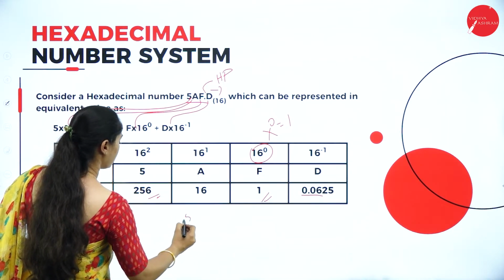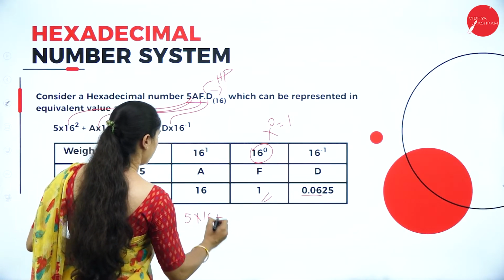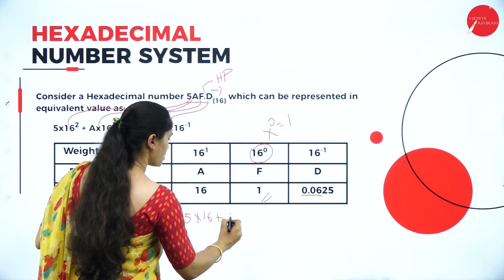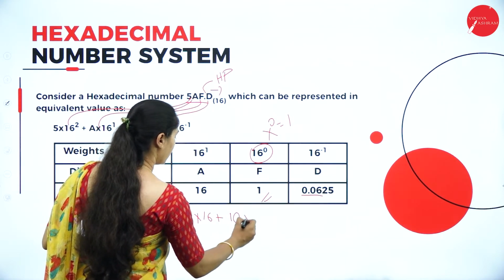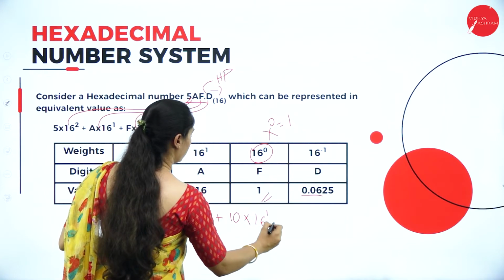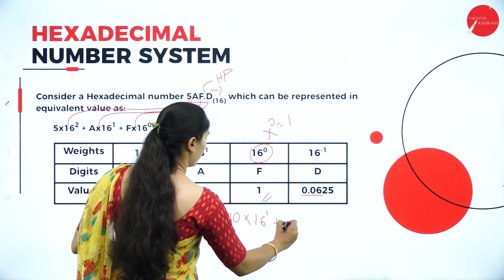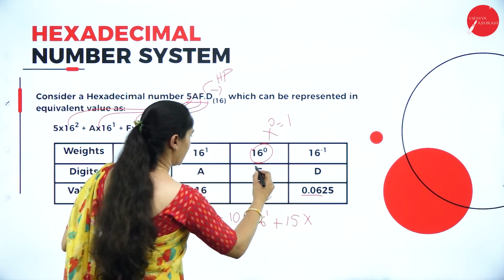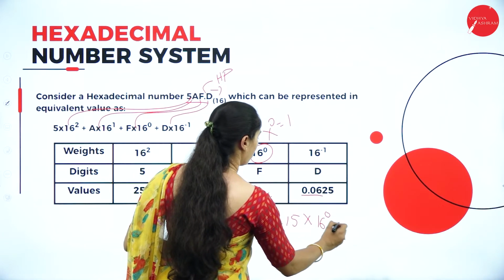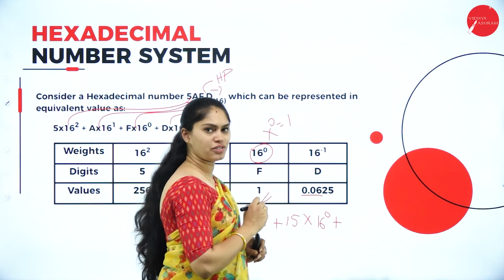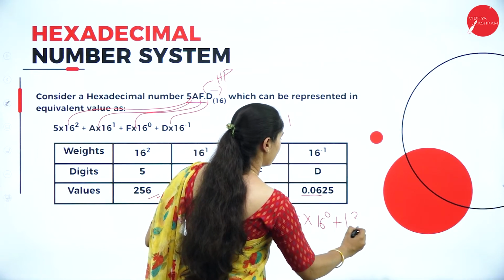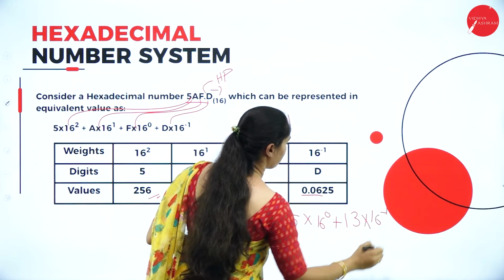So we write 5 into 16 power 2, plus in the place of A we consider 10 into 16 power 1, plus in the place of F we consider 15 into 16 power 0, plus D, whose value is 13, into 16 power minus 1.